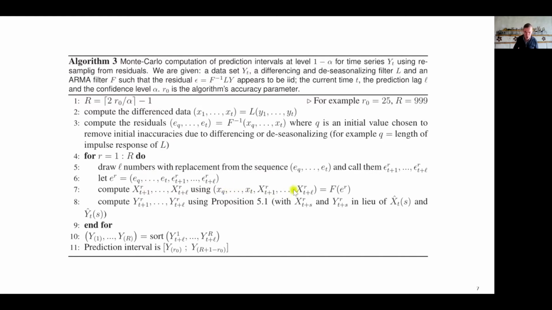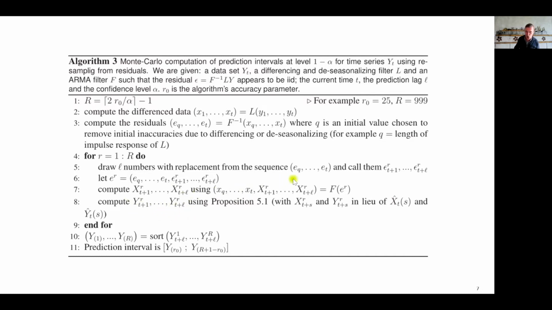And then, since we have filters to go from epsilon to y, that is very easy. I simply apply the filters by computing capital X, such that by applying the filter F that we had seen before for obtaining the residuals, and then also I apply the filter L to obtain the future points of the time series capital Y here.